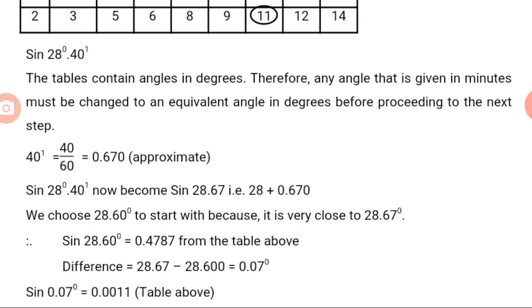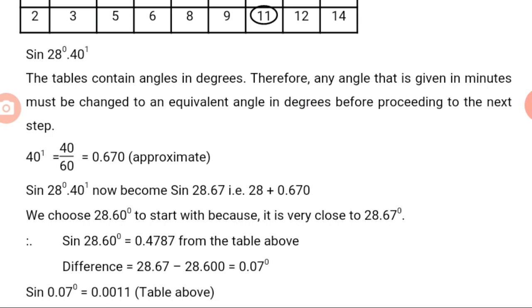That is, we are adding 28 plus 0.67, because we have divided 40 by 60 and it has given us 0.67. So this will give us 28.67 degrees. Are we together?